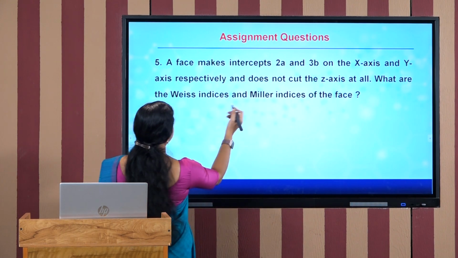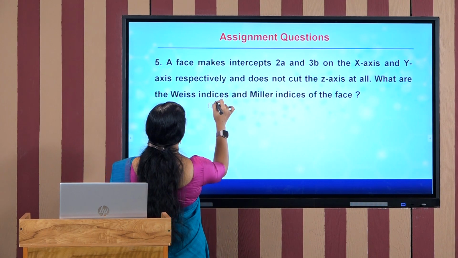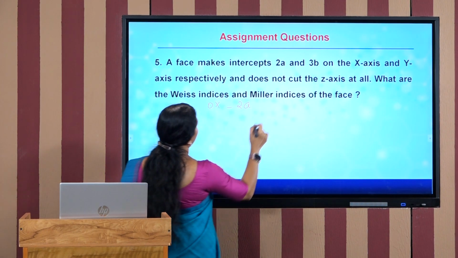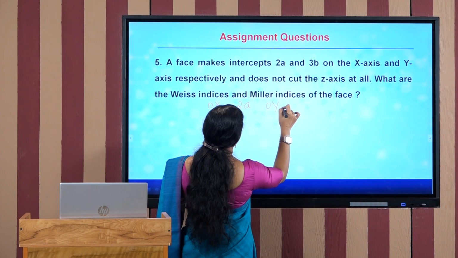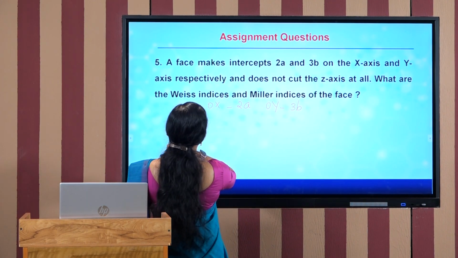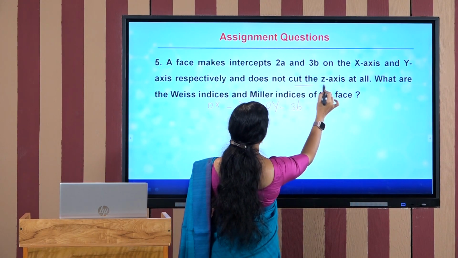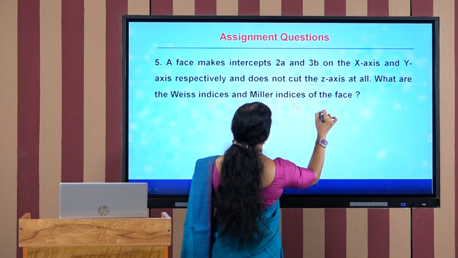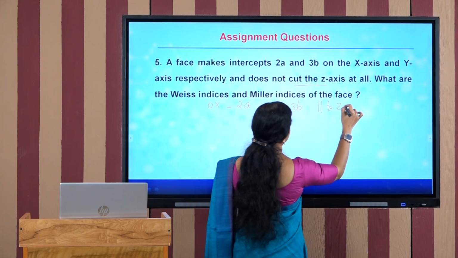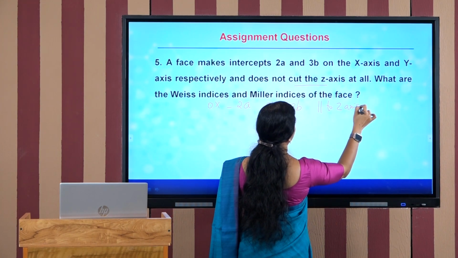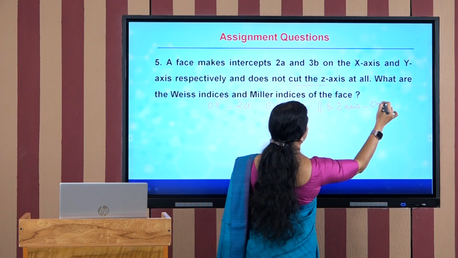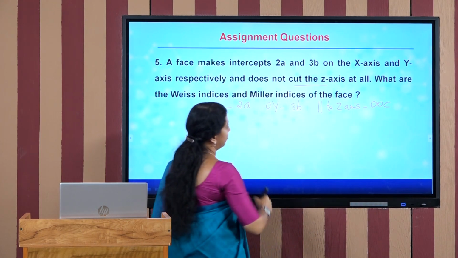So, on the x axis the intercept is 2a, on the y axis the intercept is 3b and it does not cut the z axis. So, that is parallel to the z axis. So, it will be infinity c.